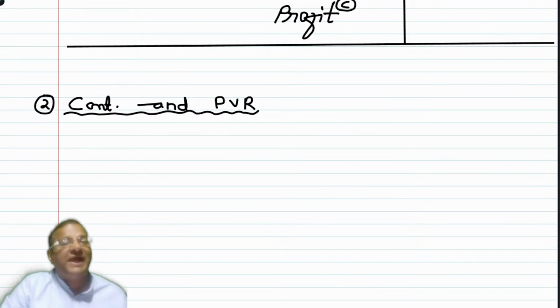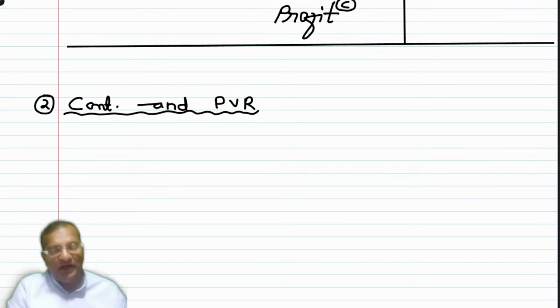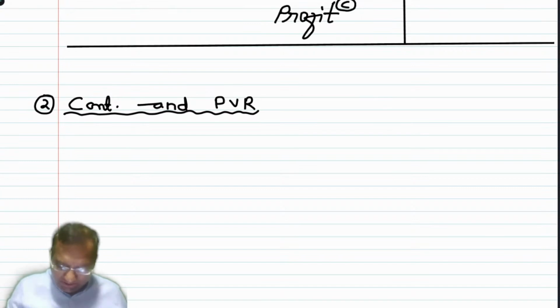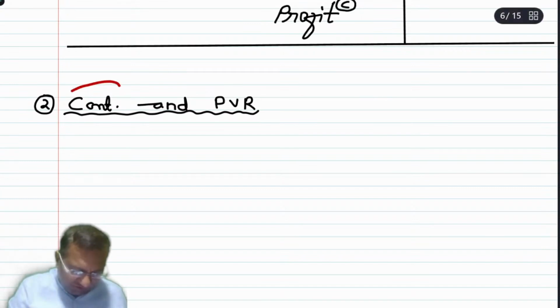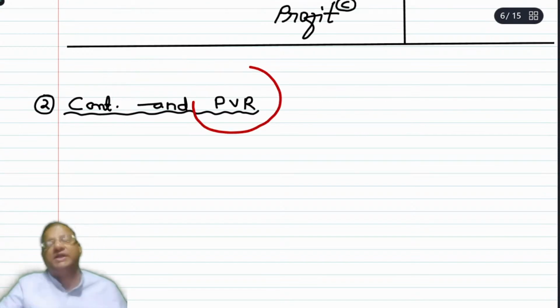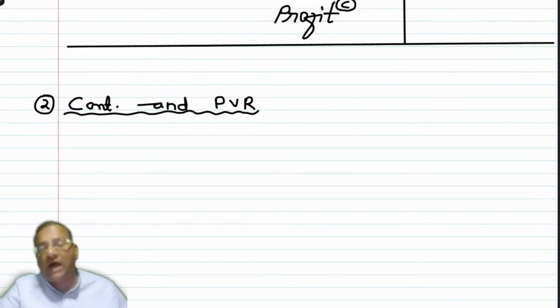When we express the contribution, which is given in rupee terms, in percentage terms, that is known as PVR, profit volume ratio. As simple as this. So contribution and PVR are interchangeable. They are the same. The only difference is contribution is expressed in rupees, while the same contribution when expressed in percentage is known as PVR.